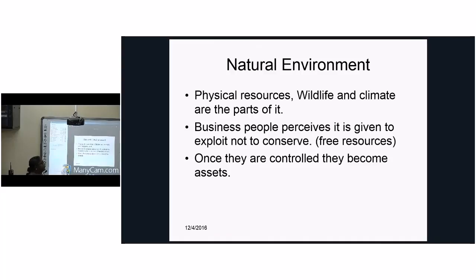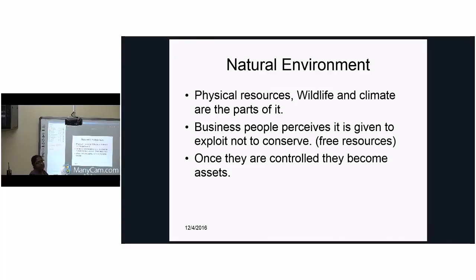So they are free resources, and they are to be used. Not only to be used but to exploit. Once they are controlled, they become assets. These natural resources, physical resources, wildlife, if you put some value on them and they are controlled, become assets.